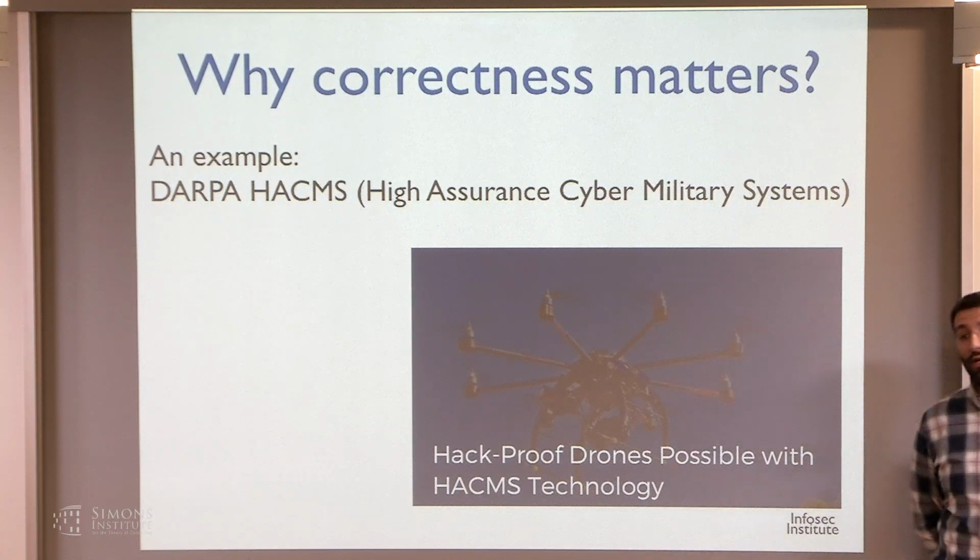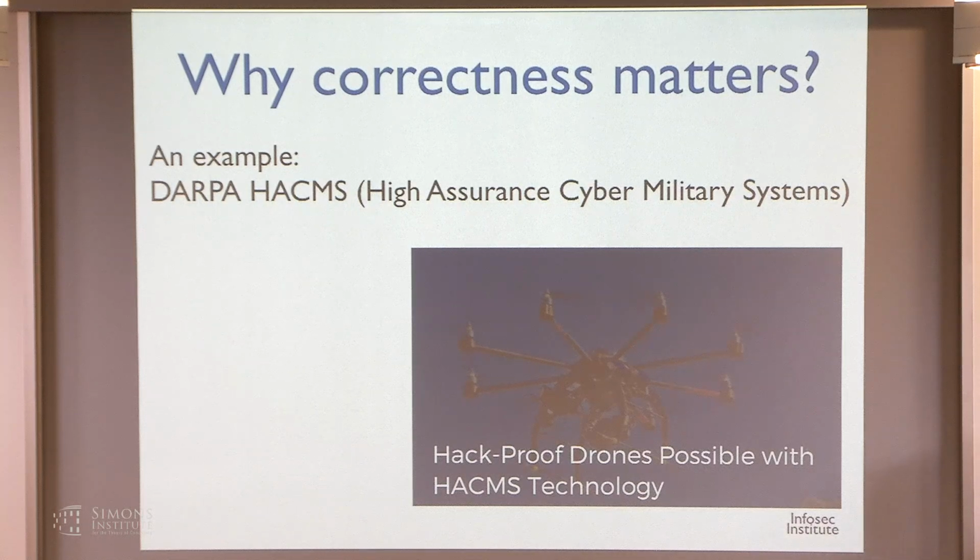It was a challenge where they were asking some teams to hack a drone. The original drone was easily hackable, so a group of hackers were able to enter the system and take control of the drone quite quickly. But then the challenge was to improve this system and avoid further hacking.